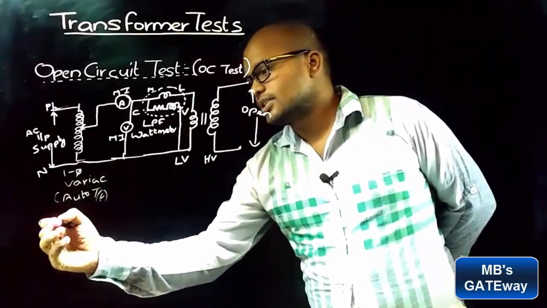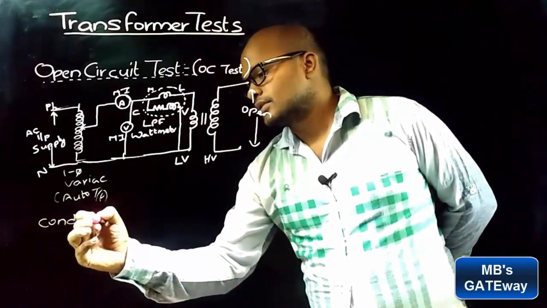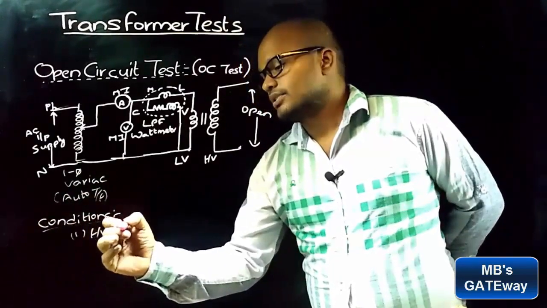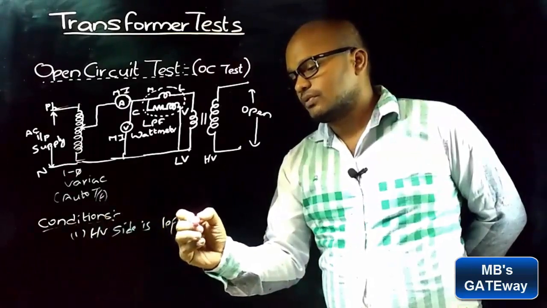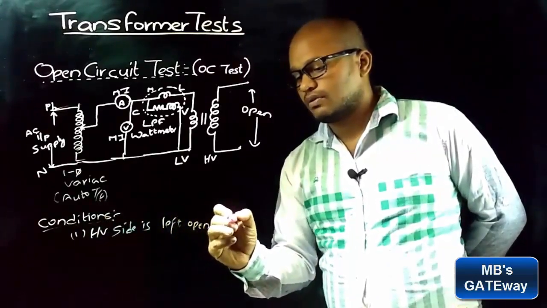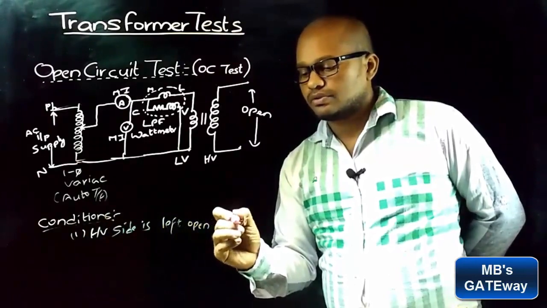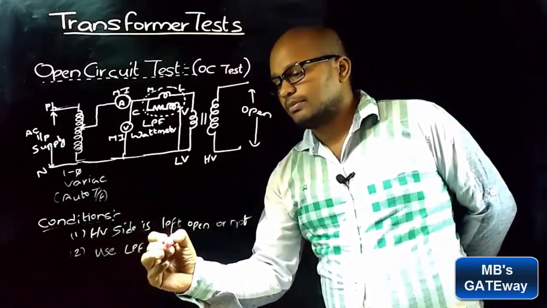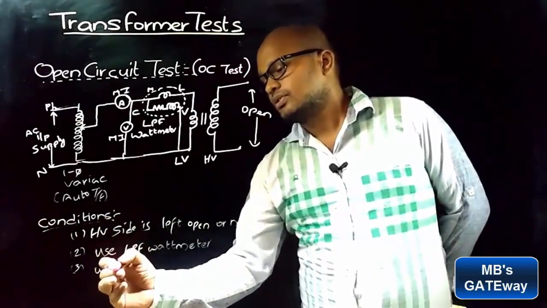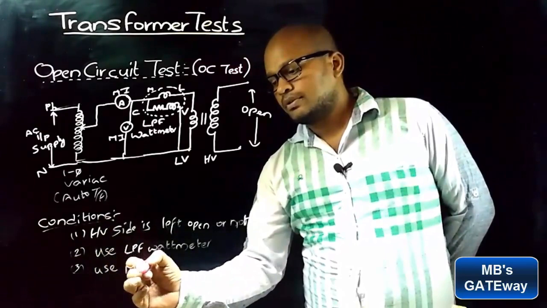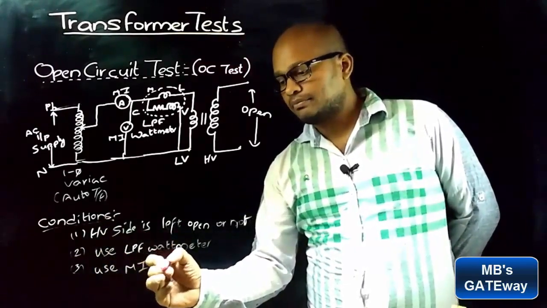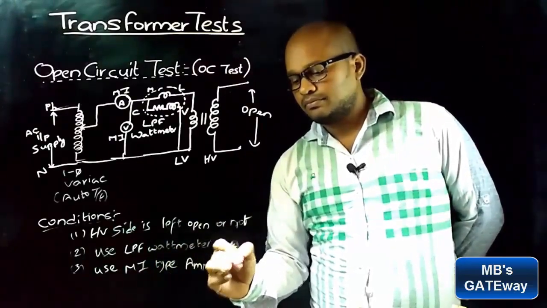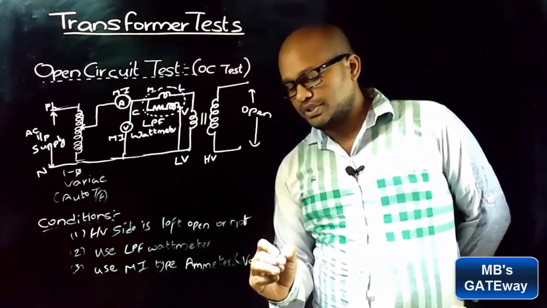The conditions that you must check before performing this test are, first, that the HV side is left open, and the second is to use an LPF wattmeter and moving iron type ammeter and voltmeter.